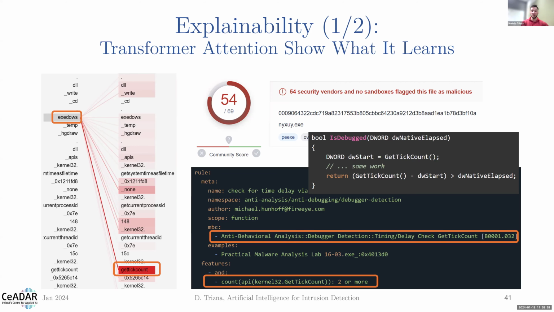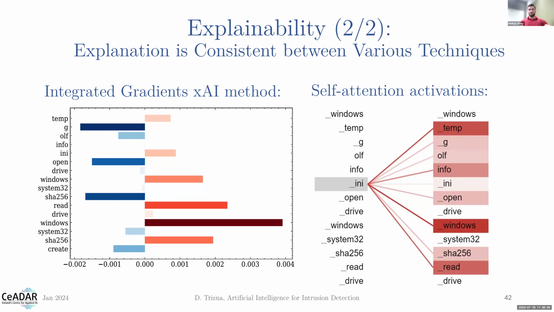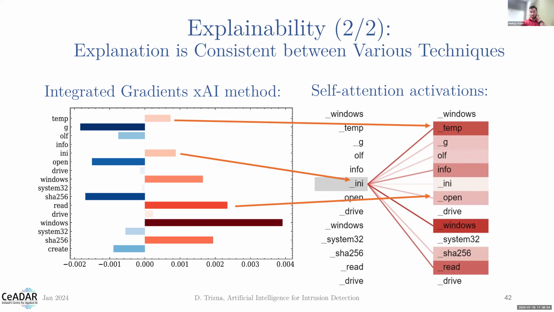Another point is that the attention activations indeed correlate with well-known explainable AI methods. One of the good methods is integrated gradients, where you compare one labeled input towards a baseline input, and you check which features are strongly correlated with the label the model produces. We see that it really resembles what attention weights show.